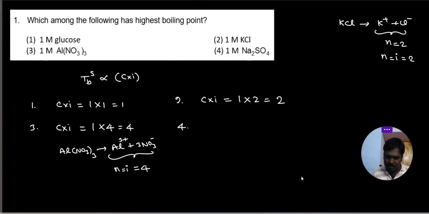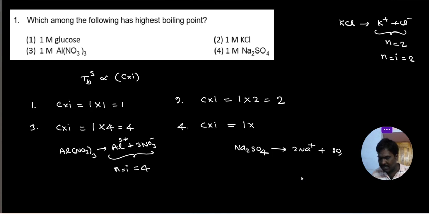Now the fourth option. Concentration into van't Hoff factor: 1 into sodium sulfate. How does sodium sulfate dissociate? 2Na plus and SO4 2 minus. How many ions? Expected particles, equal to van't Hoff factor, is 2 particles plus 1, 3 particles.